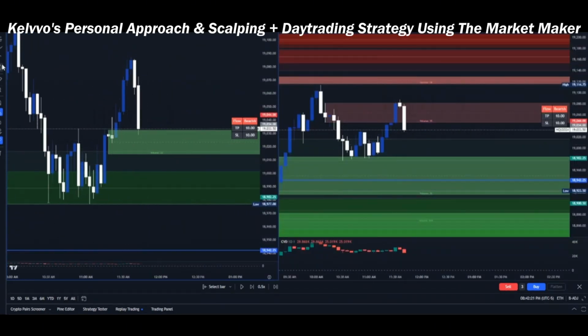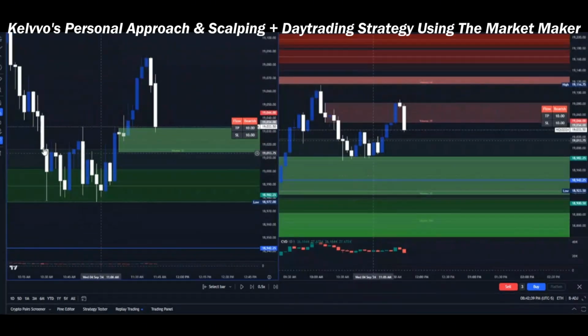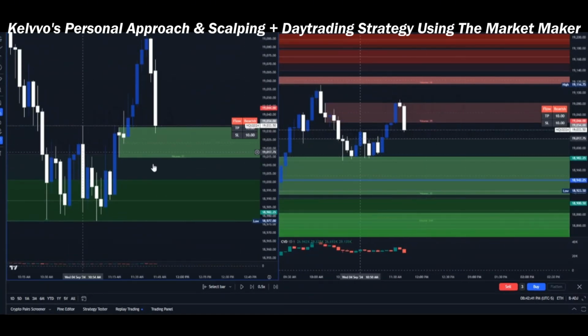Meaning by that, I'll most likely take an entry on the 3 minute anywhere between these areas. So if I took a fill, it's probably going to be between, let's say, 20 towards 22 up here, or 20. So if I'm setting a limit order, that's what I'll basically do.